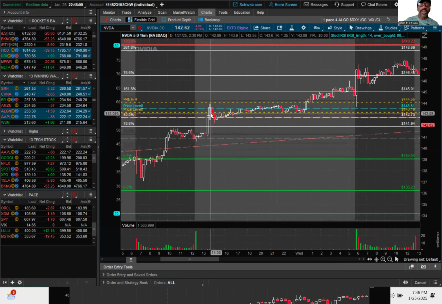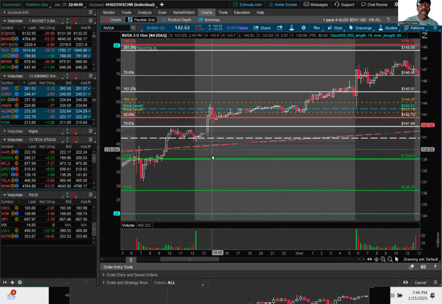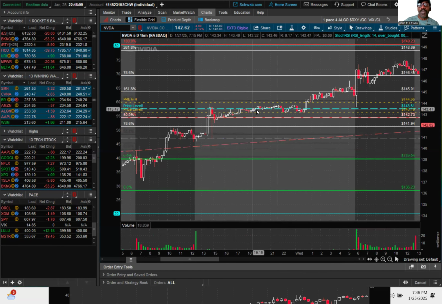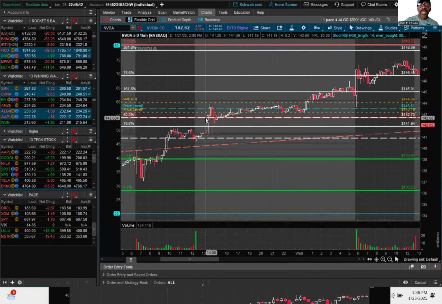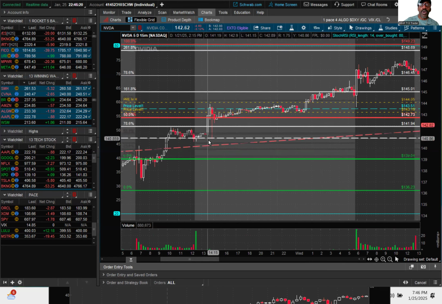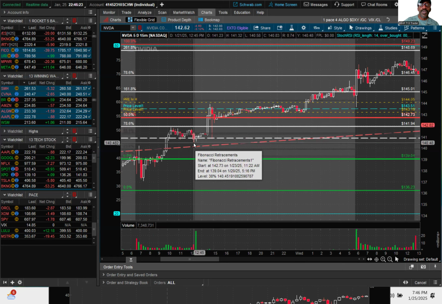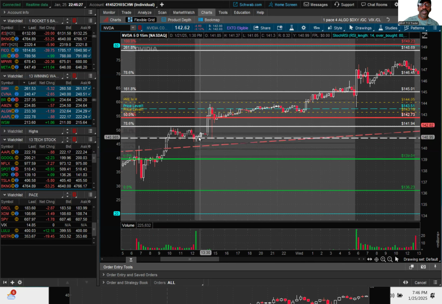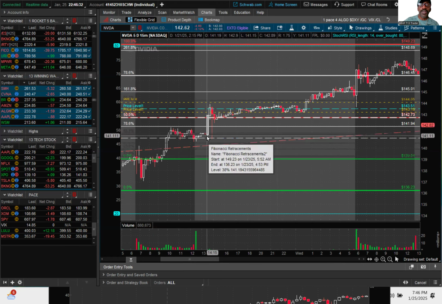I've seen Tesla do this, and I believe that's taking out all the stop losses. Everybody who's in there gets stopped out, then it goes back in, saving the money for those who didn't put a stop loss in there. If you put the stop loss back here under the market close, and you did a stop loss right here off this big candle, you're stopped out.